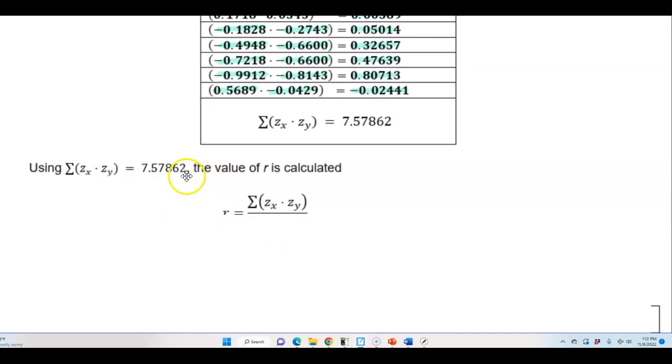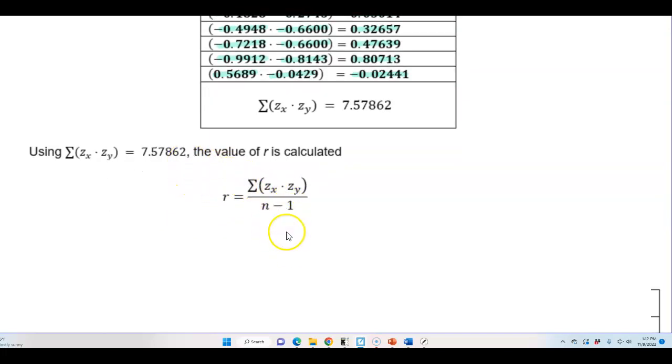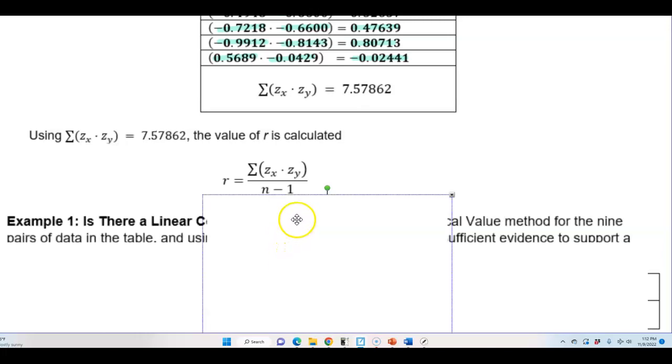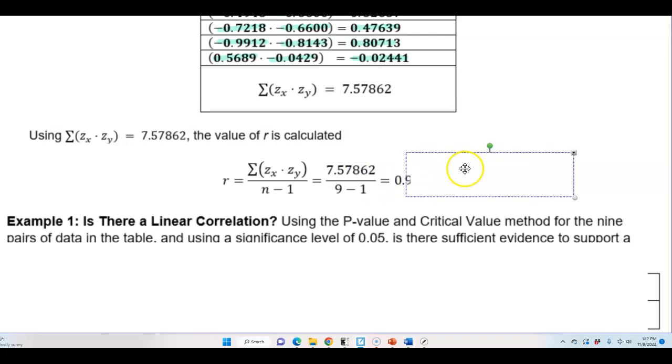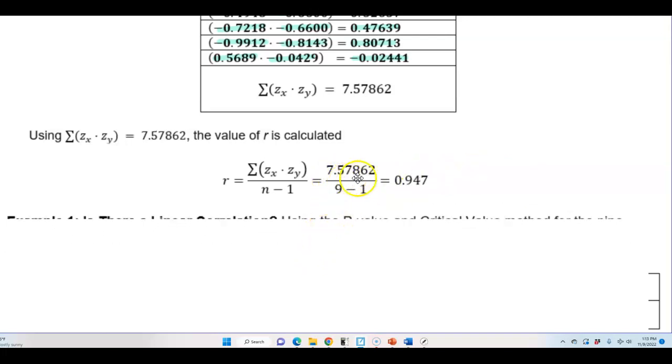So we're going to use that value as our numerator, and then we're going to divide it by the sample size minus 1. So there is our value. We have 7.57862. Divide that by the sample size of 9 minus 1, and then we get 0.947.